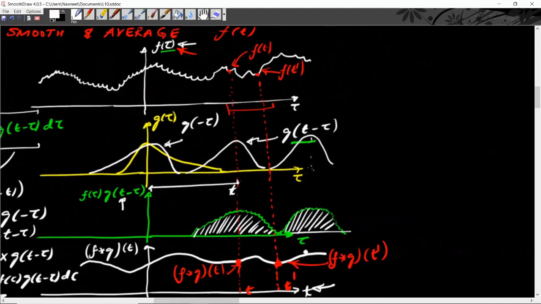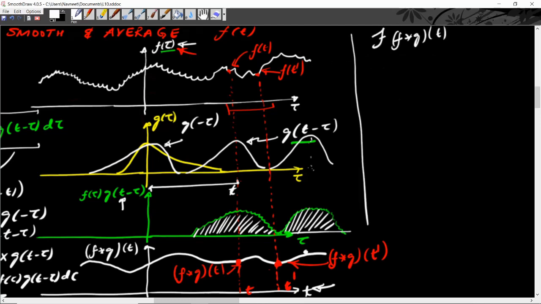The smoothing effect of convolution can be better understood if we look at this convolution operation in frequency domain. That is, we've already seen that convolution in time domain is equivalent to multiplication in frequency domain.